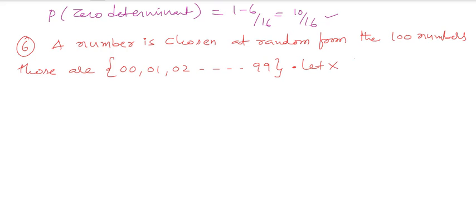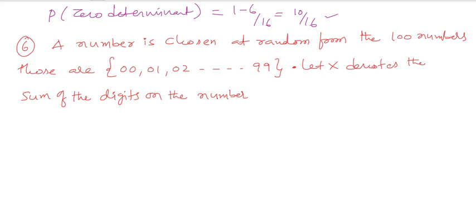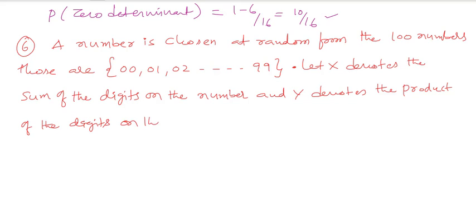Let capital X denote the sum of the digits on the number, and capital Y denote the product of the digits on the number.